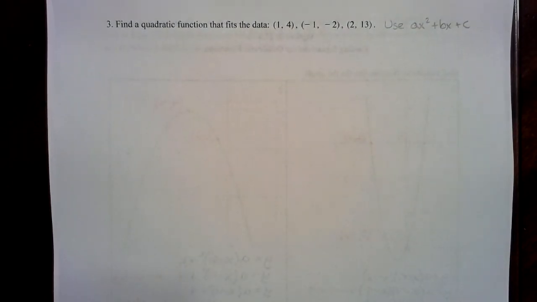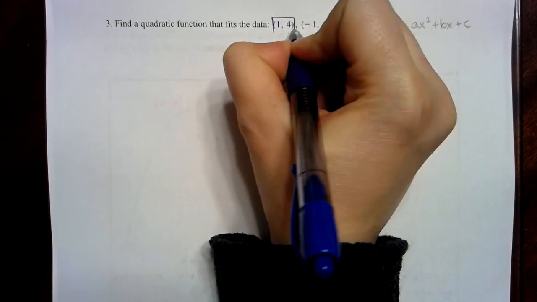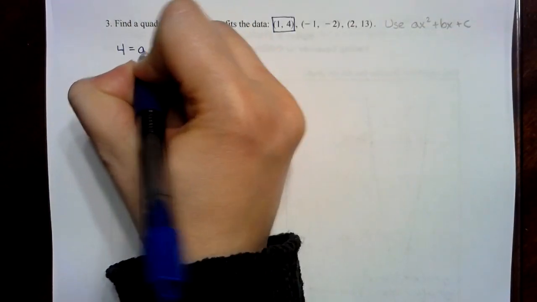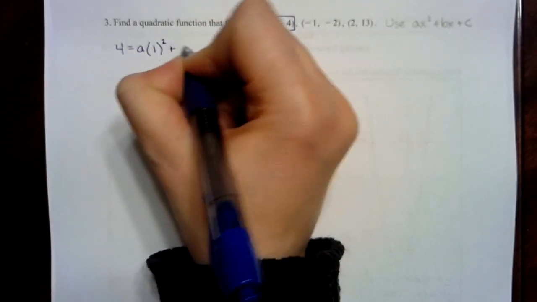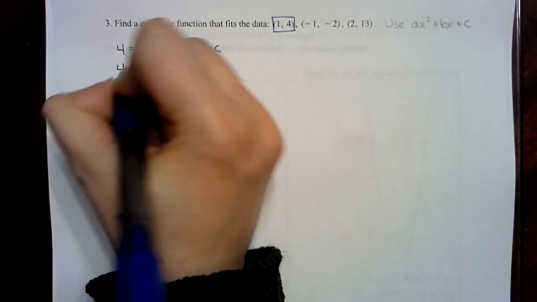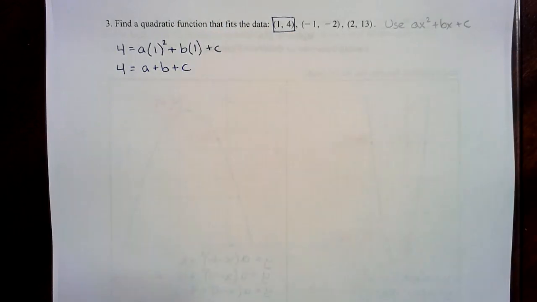So let's go and plug these in. I'm going to start with my point 1, 4. So I have the y value 4 equals a times the x value squared plus b times the x value plus c. So this gives me the formula 4 equals a plus b plus c.